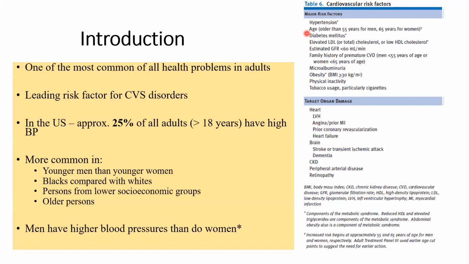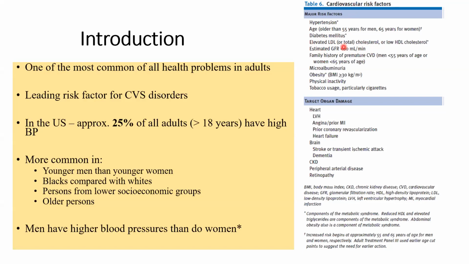The second is age. Obviously, no denying age. Age is a progressive phenomenon, but as age goes on, you are more prone to cardiovascular risk factors. Diabetes mellitus, unfortunately, is one of the number one causes of cardiovascular risk factors itself. Then you have all sorts of lipid metabolism problems, which cause cardiovascular risk factors.